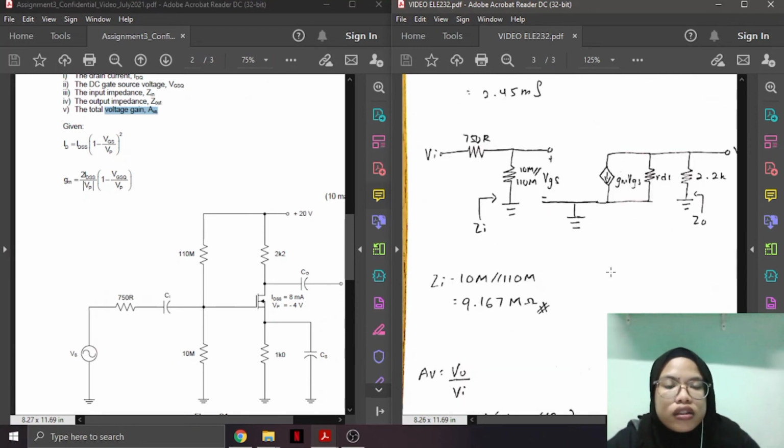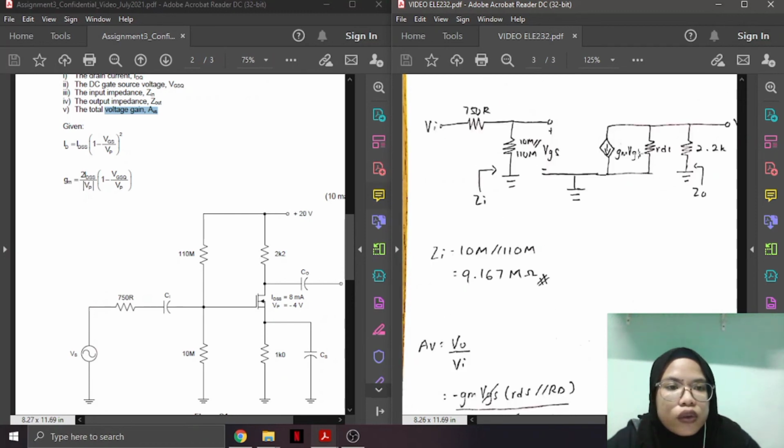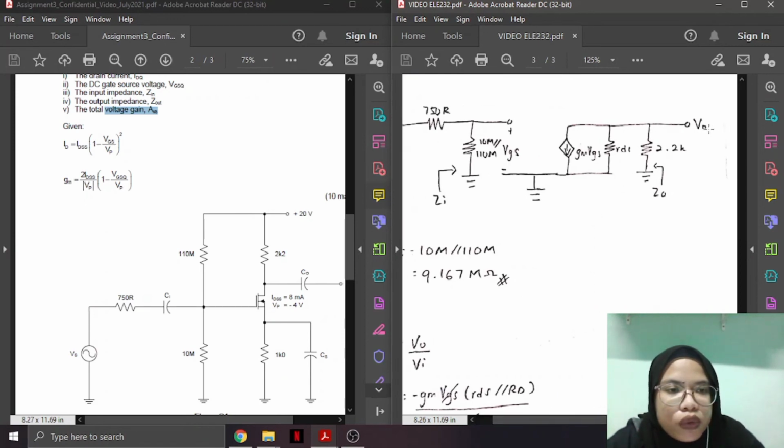From this circuit, we know that Vout is equal to negative gm VGS times RDS parallel with RD, because we are looking from here, and this is the Vout. For the Vin, we get the Vin equal to VGS.